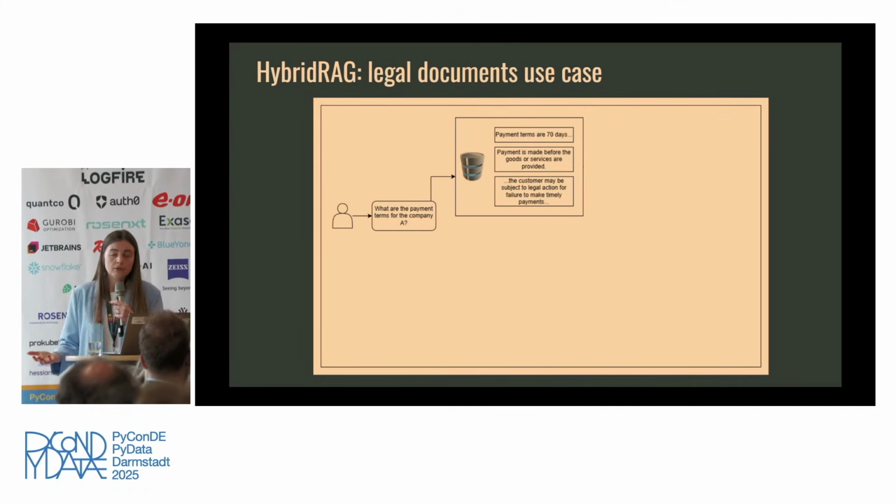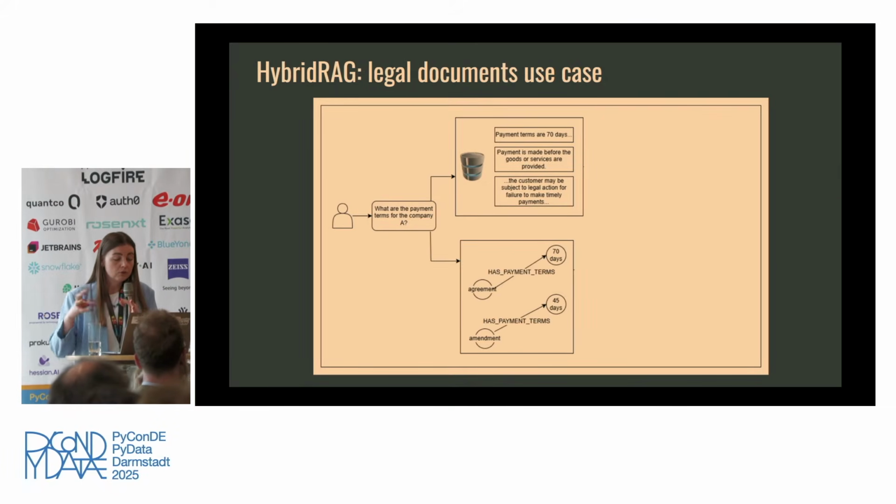So if we think about a legal documents example, the user may be wondering what the payment terms are for company A or company ABC. And okay, we have filters. We can filter by metadata all the documents related to company A. Then we have a call to a vector store, and we get chunks with payment terms, something related to payment.